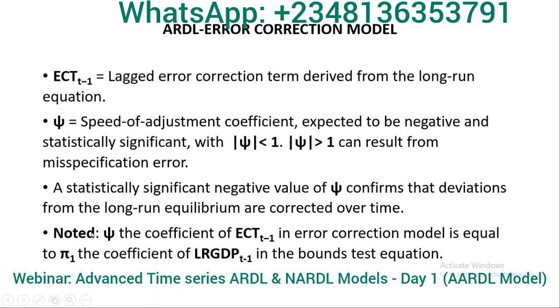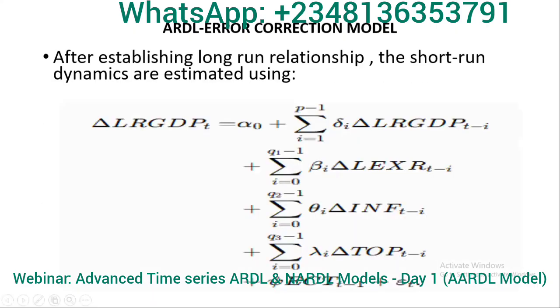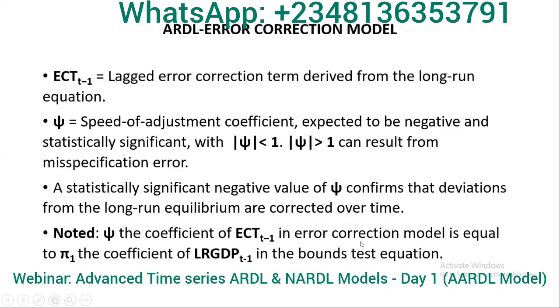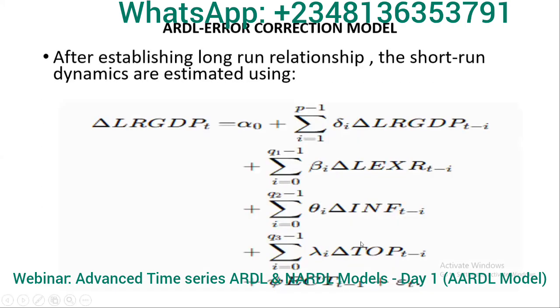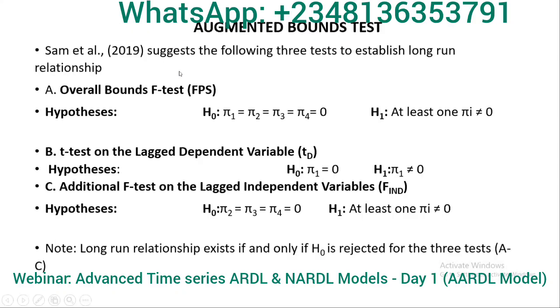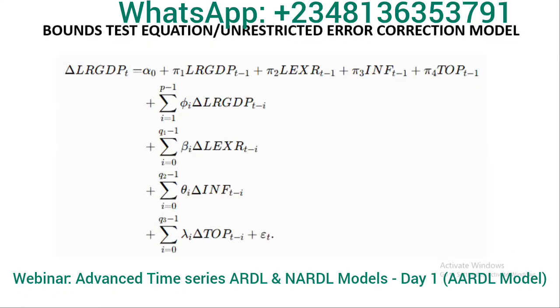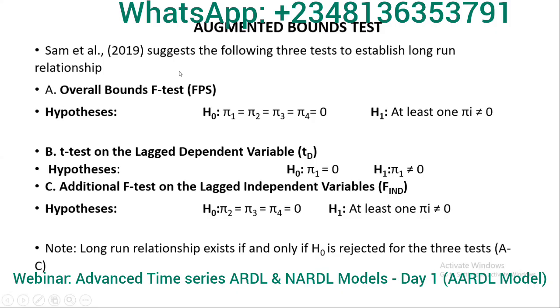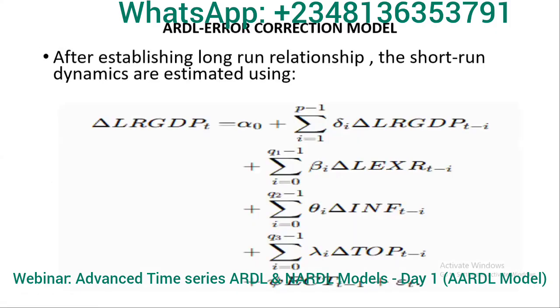So note that this psi, the coefficient of this ECT we have here, is equivalent to pi 1. Here pi 1 is equal to the psi. It's always equal to the psi.